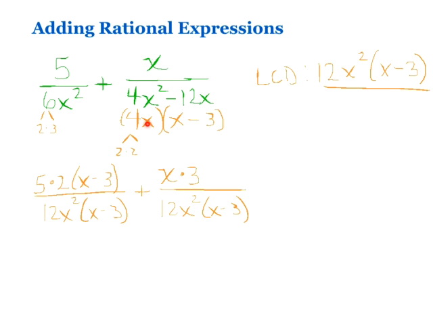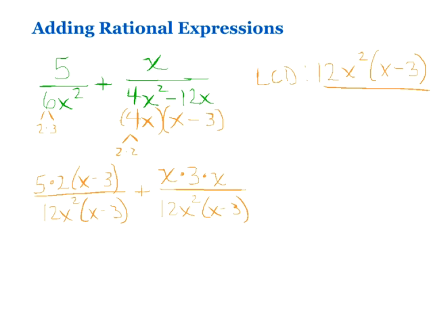So I'm going to need to multiply this x by another x to get x squared. And then finally, the x minus 3 factor in the denominator that I want was already part of the denominator I started with, so again, I don't need to multiply by anything more because we already have a match.